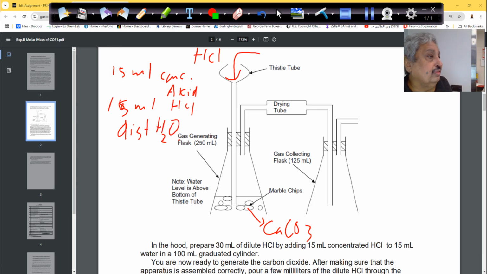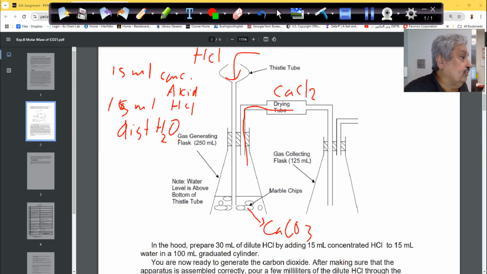You'll then fill the graduated cylinder up to 100 ml with the water after that. So this is just the ratio between them, and then you put the diluted acid inside, and then you generate CO2. This is calcium chloride.